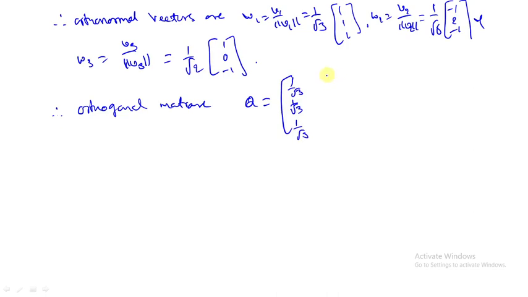Next, W2 is minus 1 by root 6, 2 by root 6, minus 1 by root 6, and W3 is 1 by root 2, 0, minus 1 by root 2.